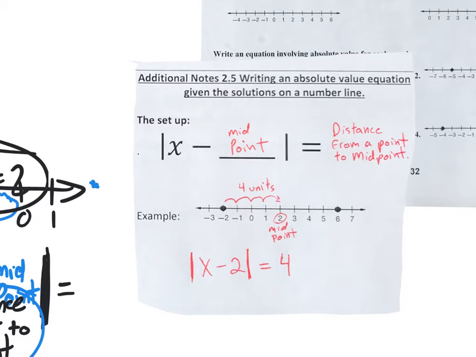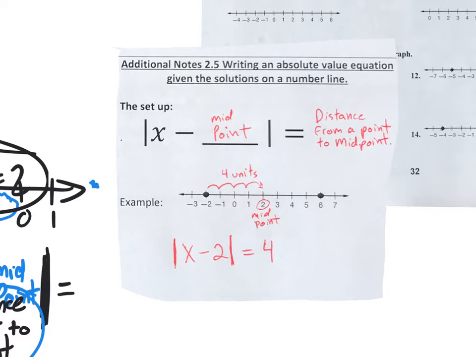So I did give you guys this little slip of paper. Go ahead and fill it in the way I just filled it in right here. How do you set this up? Well, x minus the midpoint inside the absolute values equals the distance from a point to the midpoint. So we have these two values, -2 and 6. And if you go 1 in, another one, you'll get to the midpoint, which is 2.